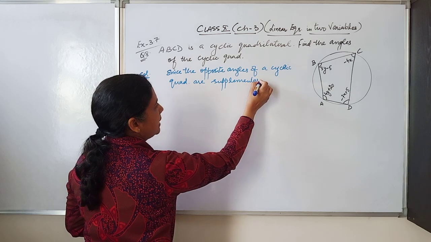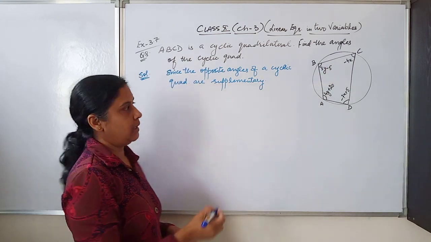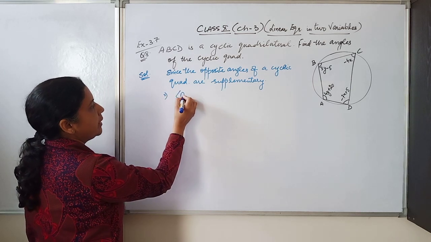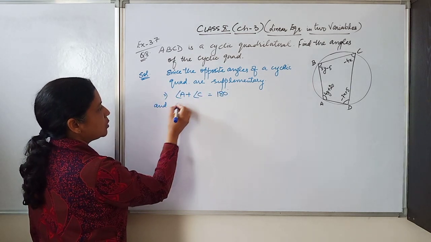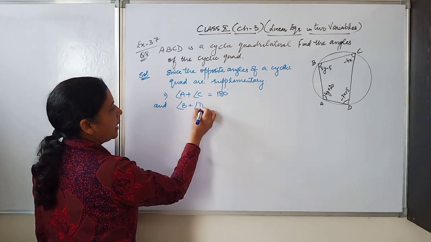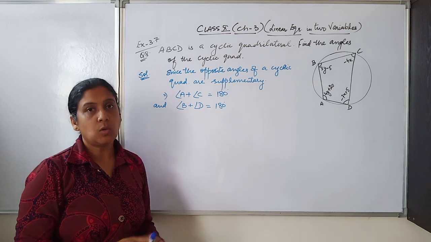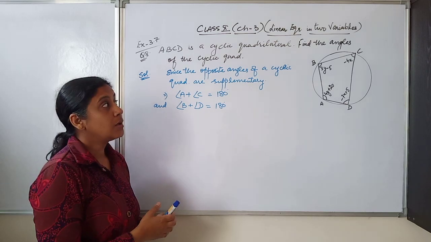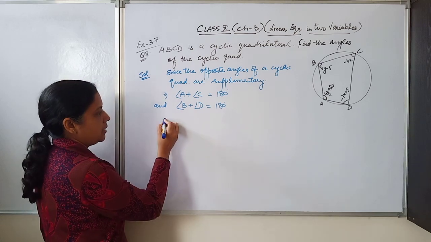This means the sum of the opposite angles will be 180 degrees. So that gives us angle A plus angle C is equal to 180 degrees and angle B plus angle D is equal to 180 degrees. Because we are not given the linear equations directly, we have to make them. Let's frame the linear equations.